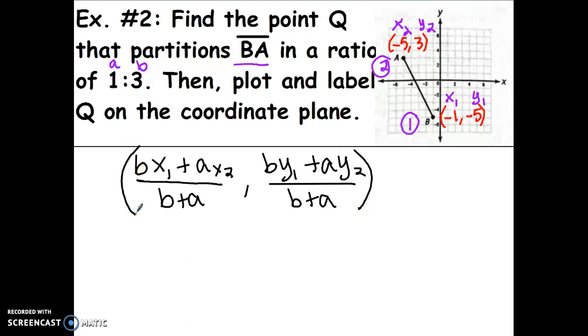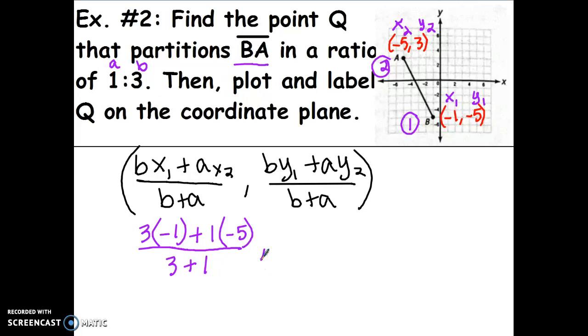Now we can begin plugging things in. I'll put my parentheses, because remember this is an ordered pair. Our b is 3, x1 is -1, plus a is 1, and our x2 is -5, all over b plus a, which is 3 plus 1.